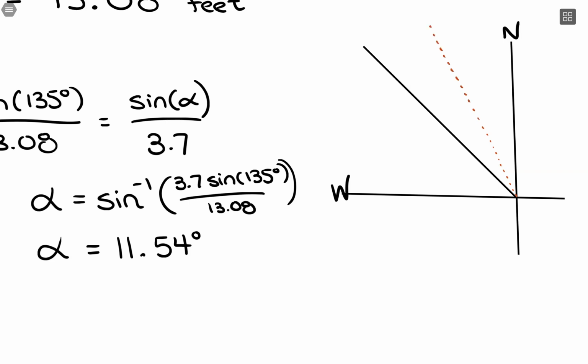And what we just found was this angle in here, which is 11.54 degrees. So we want to talk about in what direction should we have hit the ball. So if we were standing here, there's a few ways we can describe the trajectory of this red line right here, because that's what we want to describe. What's the direction of that red line?